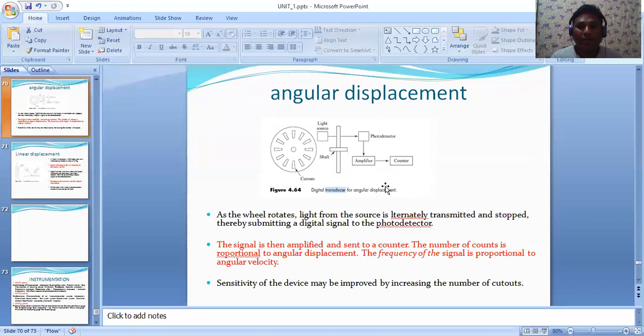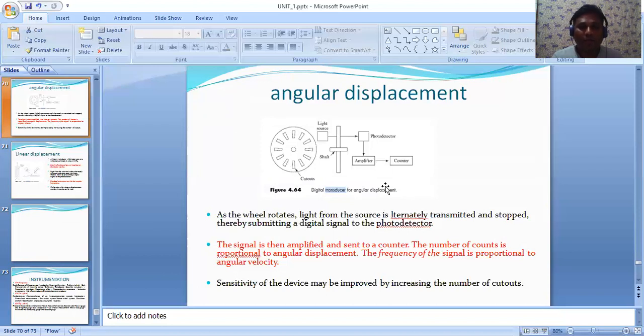So the light from the source passes through the cutout method, and the indication moves to the photodetector. The photodetector has some semiconductor material, which converts it to some type of output. That output is passed through the amplifier in the angular displacement.